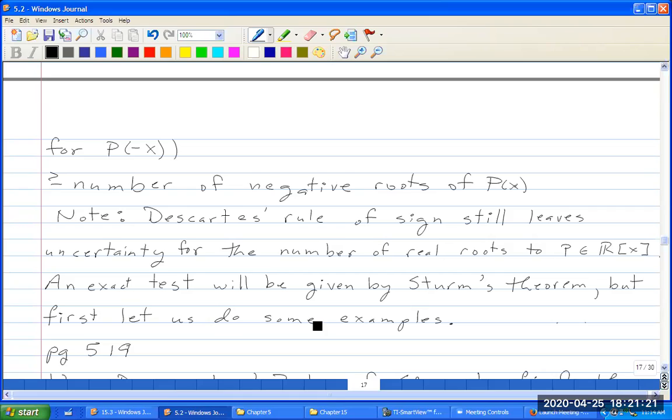So there's quite a bit of uncertainty. The amount of uncertainty is unfortunately more than is ever helpful for this to be a useful technique when actually solving polynomials.